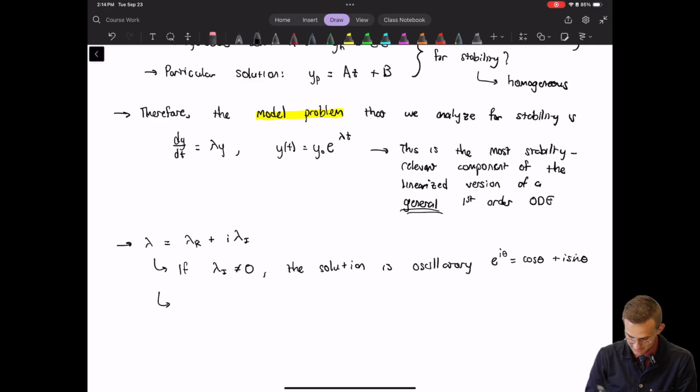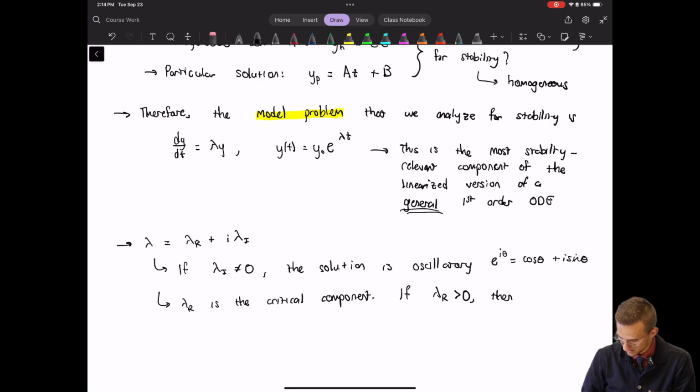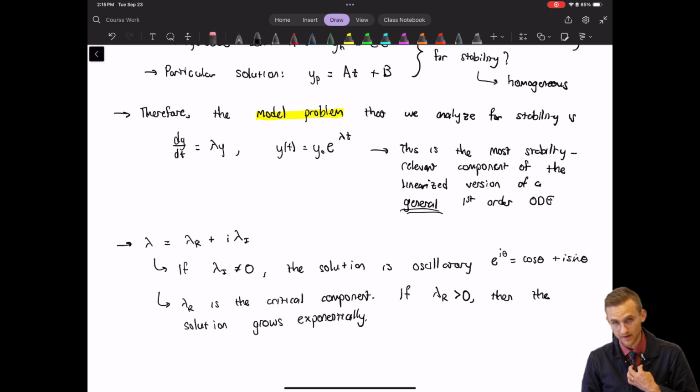But lambda_r is the most important component. This is the critical component. If lambda_r is greater than 0, then the solution grows exponentially. Okay, so we know how exponents behave. We're familiar with this.